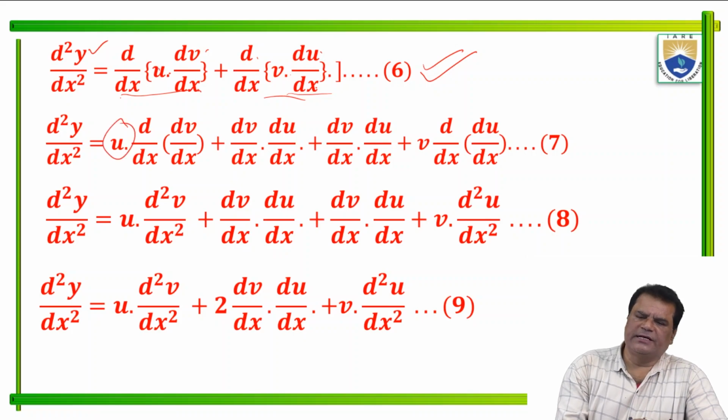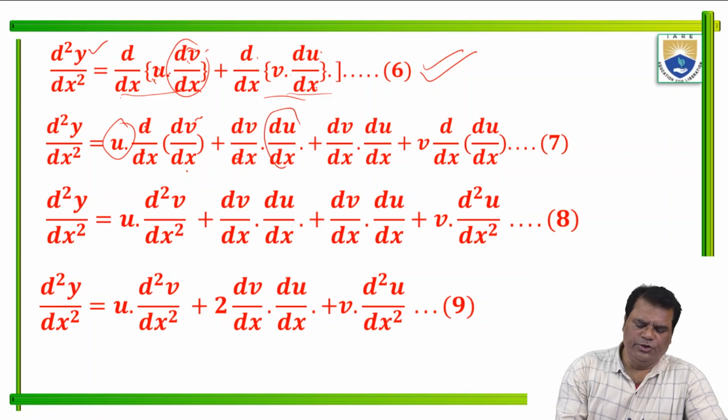u is the first function, constant, differentiating dv/dx with respect to x, plus dv/dx constant, differentiating u with respect to x, so du/dx. Now differentiating v with respect to x, we get dv/dx, with du/dx constant, plus v constant, differentiating du/dx with respect to x. This is equation 7.